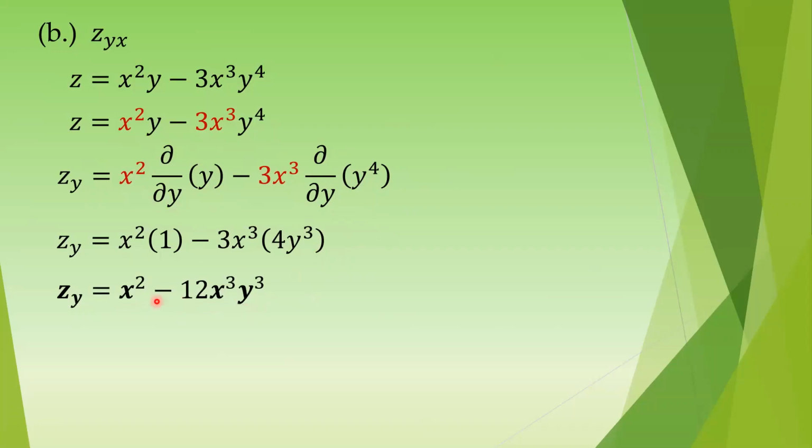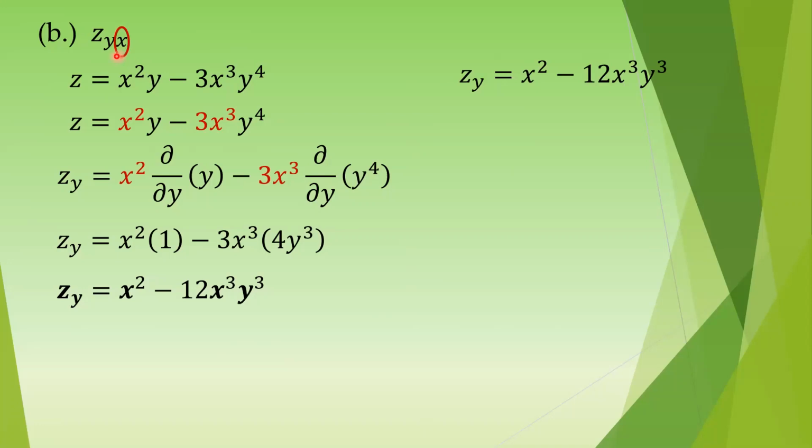So the partial derivative of z with respect to y. Next, doon tayo sa second partial derivative. Doon naman na tayo sa with respect to x. So again, we have z sub y as x squared minus 12x cubed y cubed. Then, we have, again, new variable x.